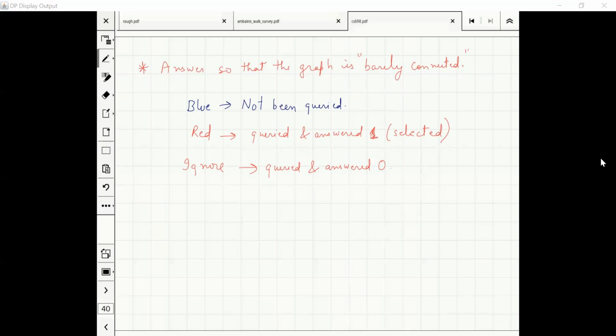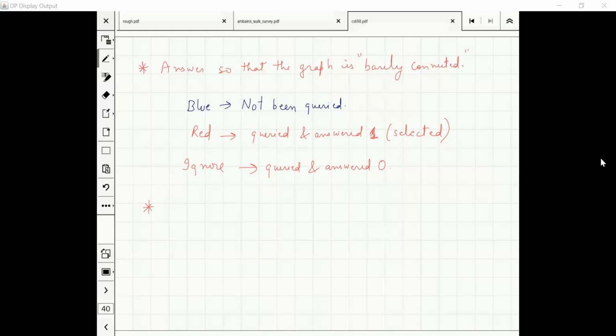So can you tell me a few things which I should keep in mind while answering? How should I answer so that my graph remains connected, with what edges? If a query is between two red edges, it does not matter what we answer.